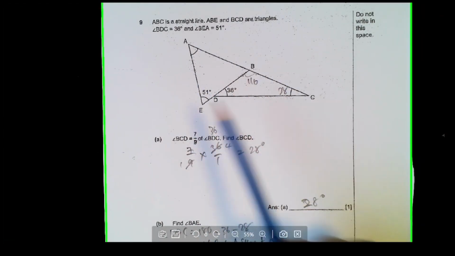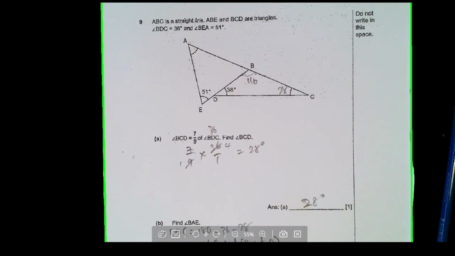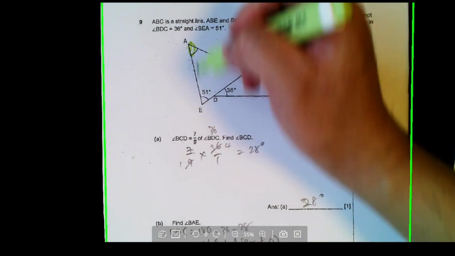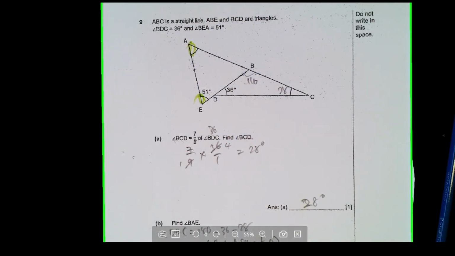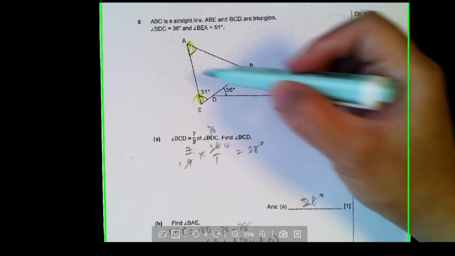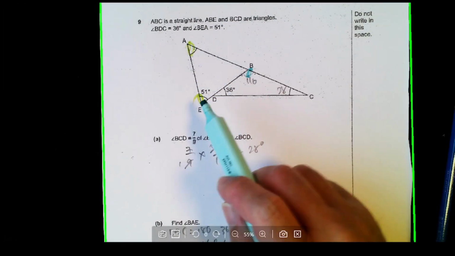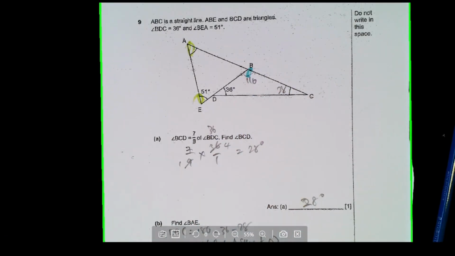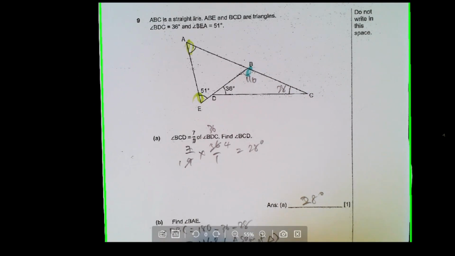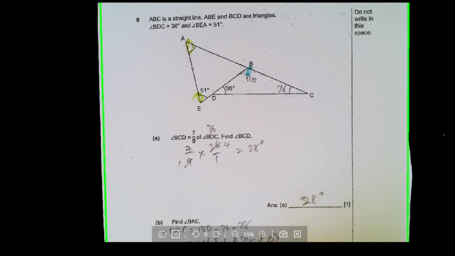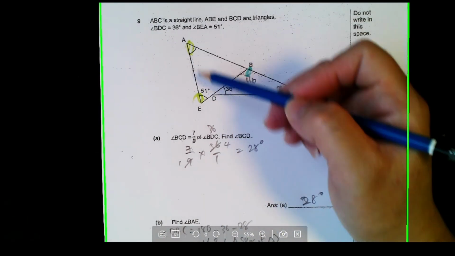Isn't this the external opposite of this? This and this plus this must add up to this. So very easy to find this. Angle BAE: this plus this must give you this.